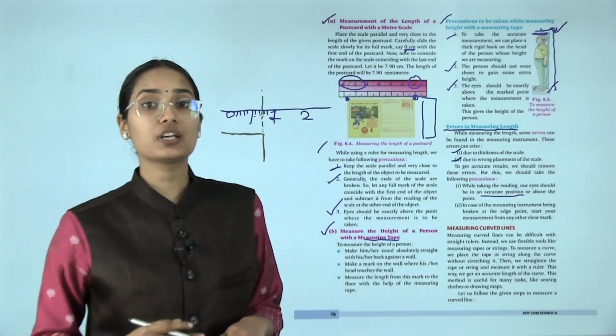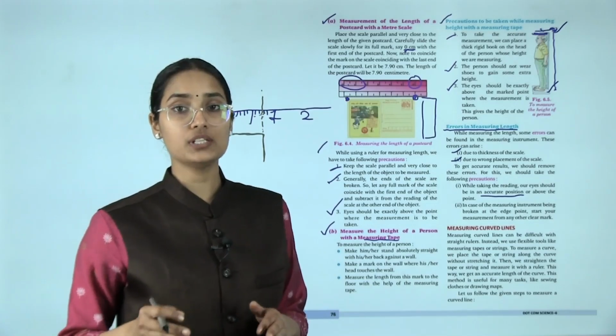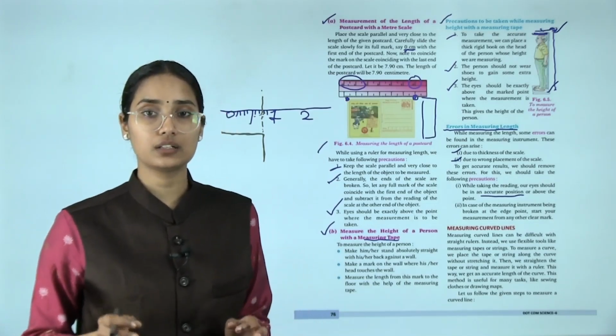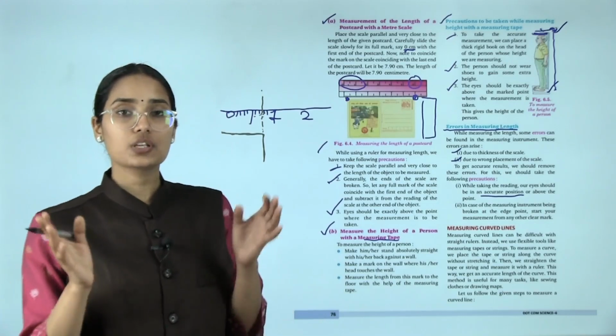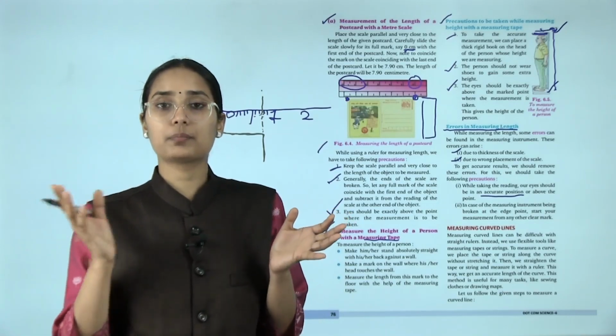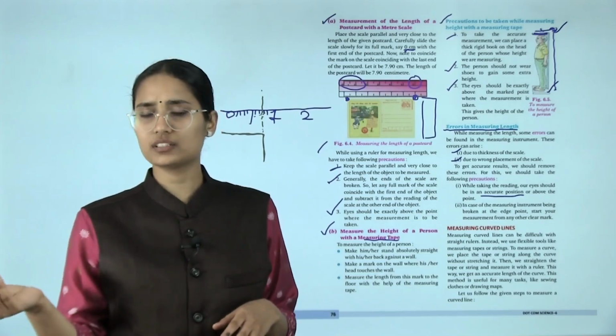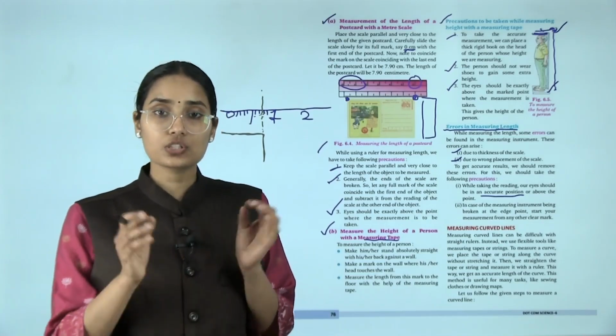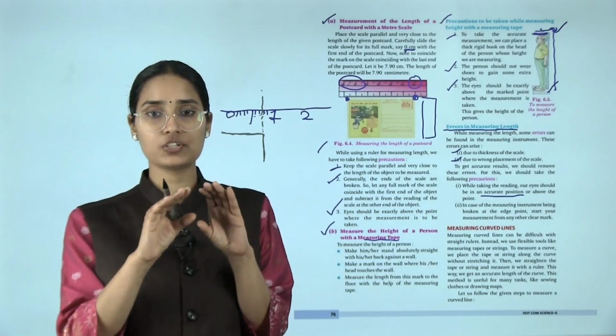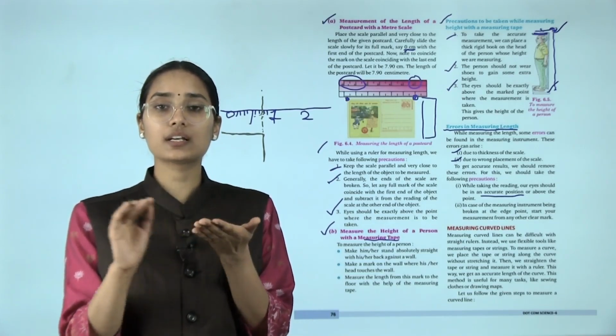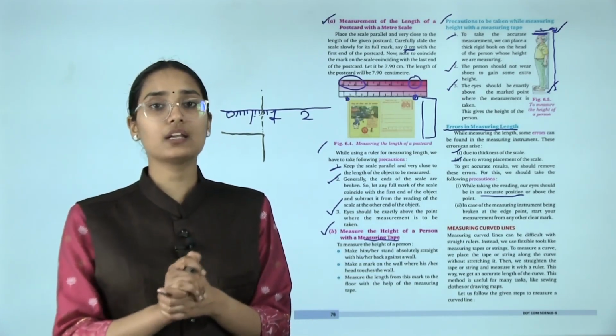In case of the measuring instrument being broken at the edge point, start your measurement from any other clear mark. There might be a possibility that the measuring instrument is broken at both the ends. So, start measuring from the measurement where it is clearly marked, and then count accordingly.